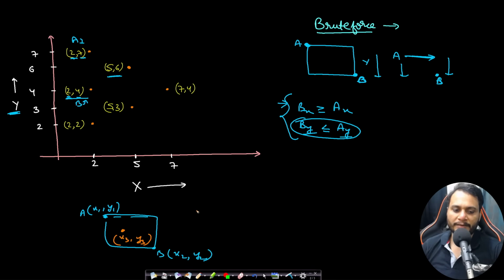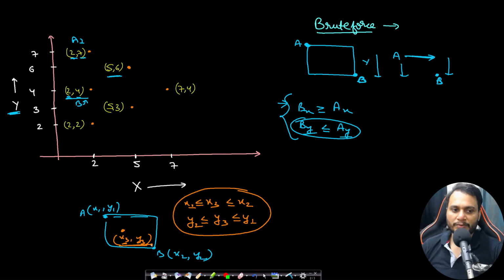This x3 must be greater than or equal to x1 and less than or equal to x2. This should be one condition. Another is y3 must be greater than or equal to y2 but less than or equal to y1. If these two conditions hold true, then the third point against which we are checking, let's say point C, will be lying either on the circumference or inside the rectangle.